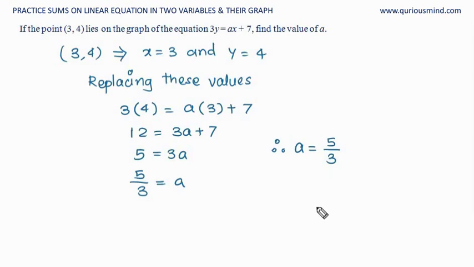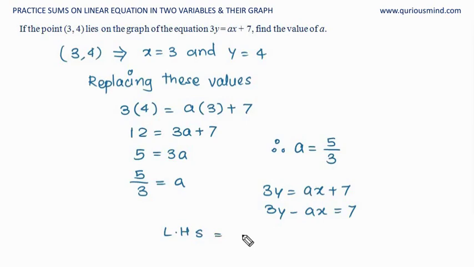Now we can cross check it. If I put a is equal to 5 upon 3, our equation was 3y is equal to ax plus 7. I can write this as 3y minus ax is equal to 7. So I'll replace the value of a, x and y in LHS.